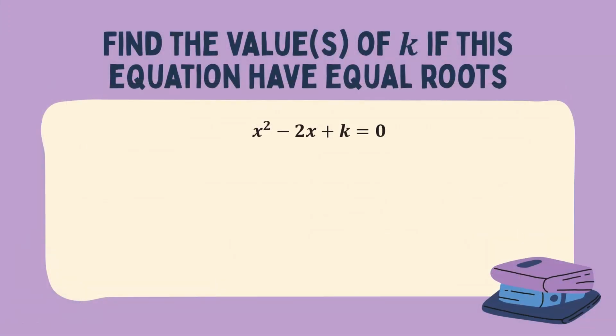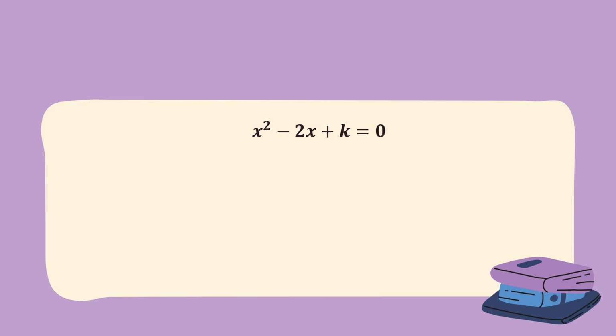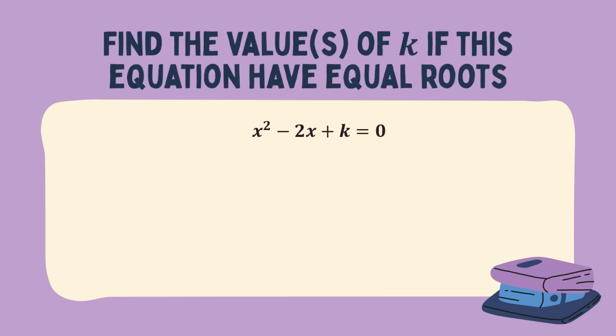Okay, so for example, the question asks us to find the value or values of k if this equation has equal roots. They say x squared minus 2x plus k equals 0 has two equal roots. So equal roots means the discriminant is equal to 0.